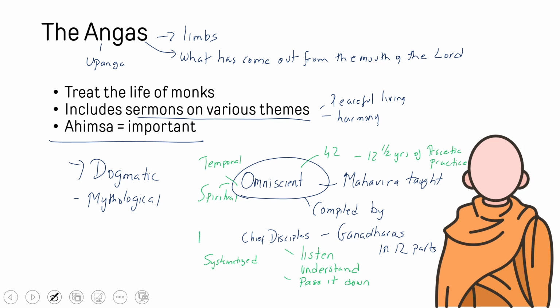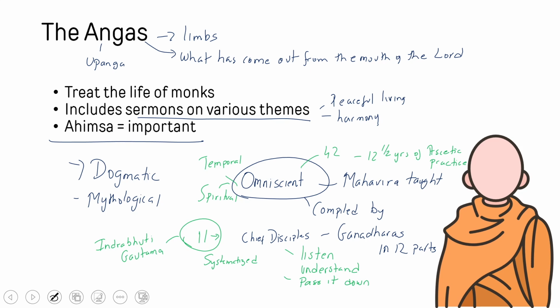It is said that he had 11 chief disciples, and among these 11, Indrabhuti Gautama was the chief.